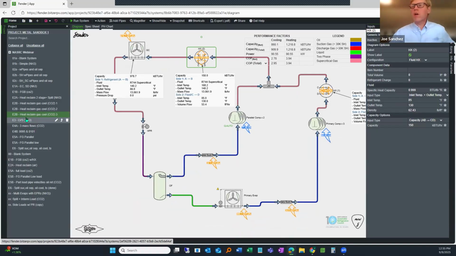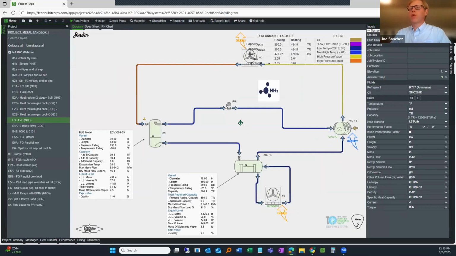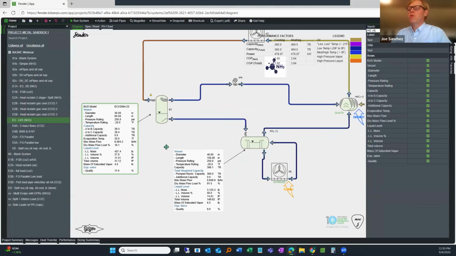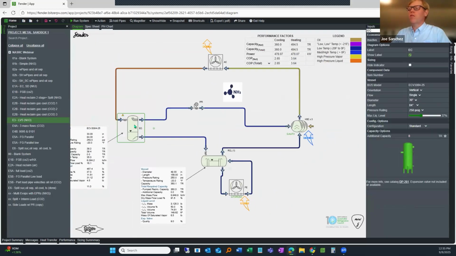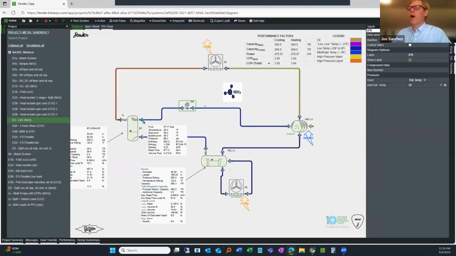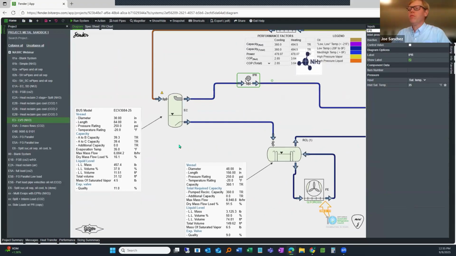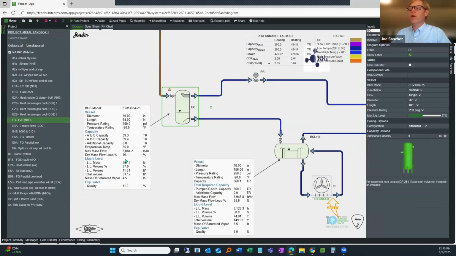All right, the next example is going to be just focusing on liquid vapor separation. This is more of an ammonia example. We have an economizer open flash vessel, similar as before, where the dry mass flow is going into the economizer port of a screw compressor. And you can see that we have an incredibly oversized vessel.